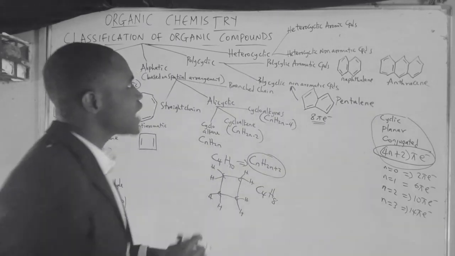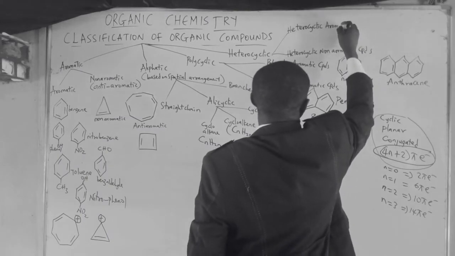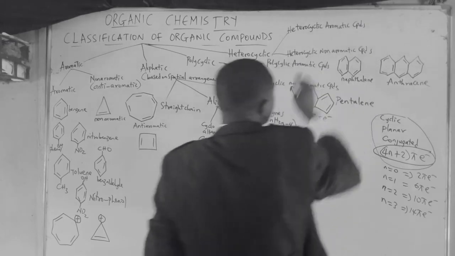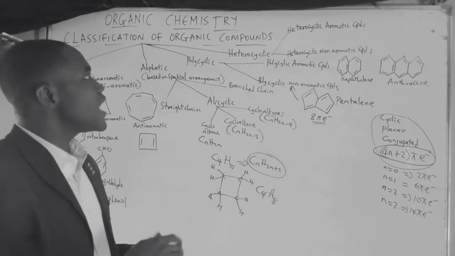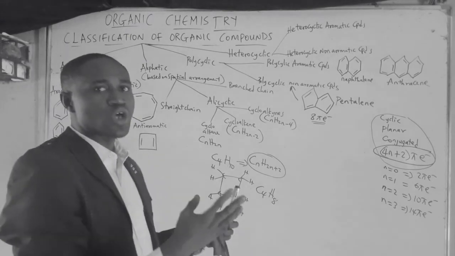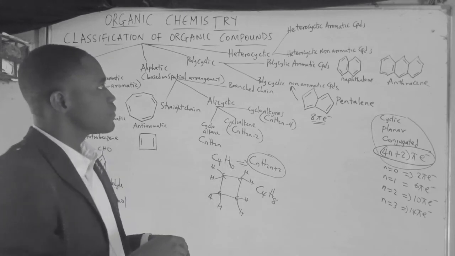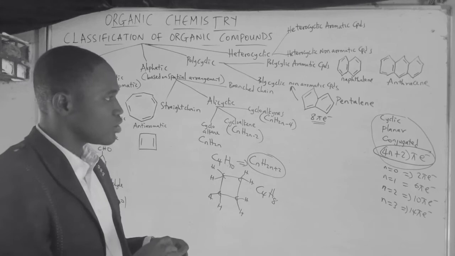Now, what are heterocyclic aromatic compounds? What do we mean by heterocyclic? Heterocyclic simply means that it contains other atoms such as oxygen, nitrogen, sulfur, etc. So, in their rings, it has these atoms.